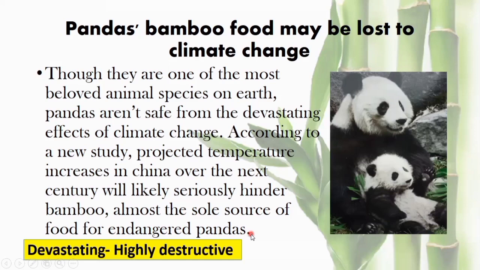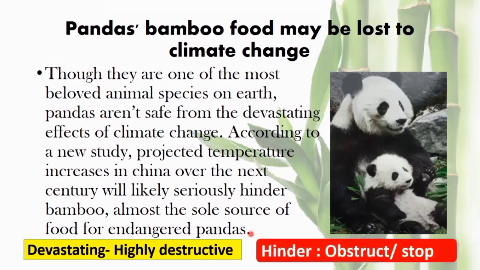These pandas highly depend on these bamboo species, especially three bamboo species, and their growth could be seriously hindered. Hinder means stopped or restricted because of the increased amount of temperature or global warming.